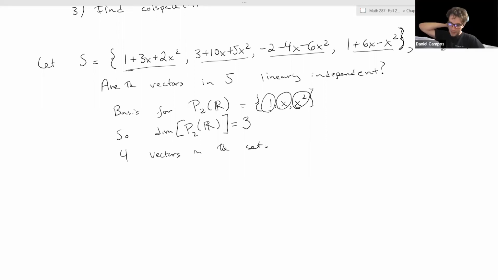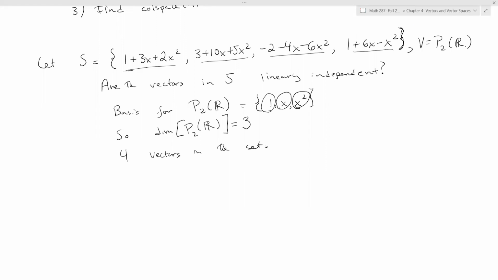Well, going with the opposite of what we just said, they would be linearly independent since you have fewer vectors than dimensions. Do we have fewer vectors than dimensions? No, no. Wait.